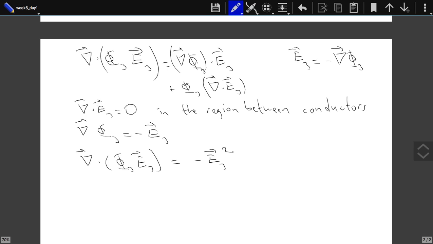Now let's integrate this over the volume between the conductors.